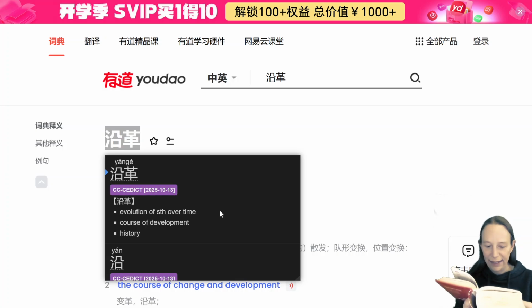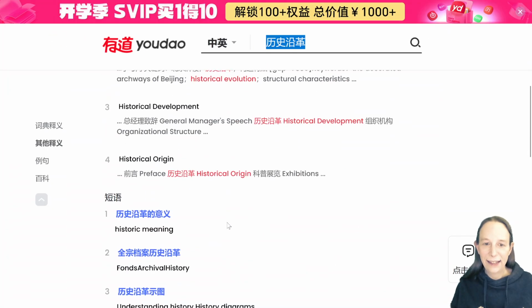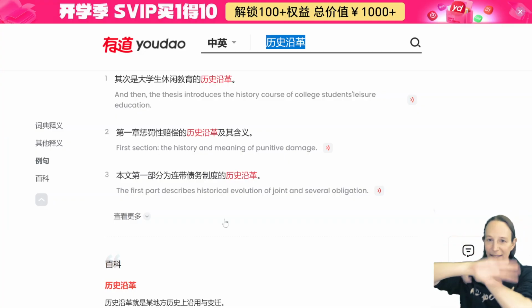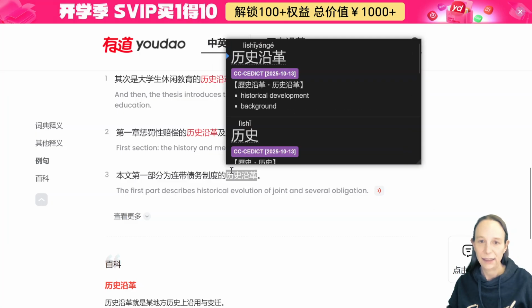But all right, 事物发展变化的历程, 历史沿革, historical evolution. Not like the theory of evolution, but like how things changed over time with respect to history. Oh, here we go. 历史沿革, historical development. Yeah.